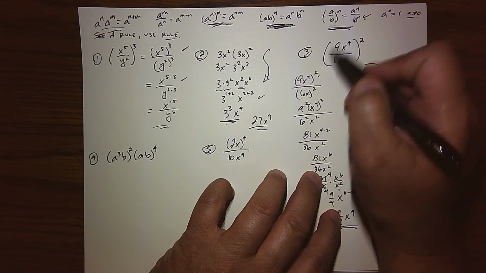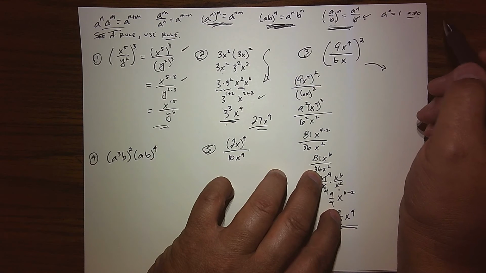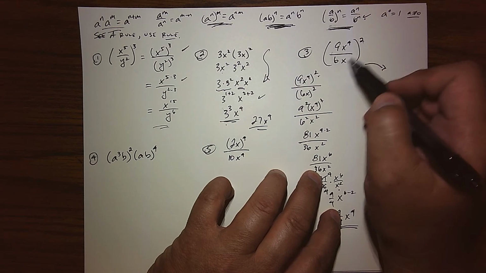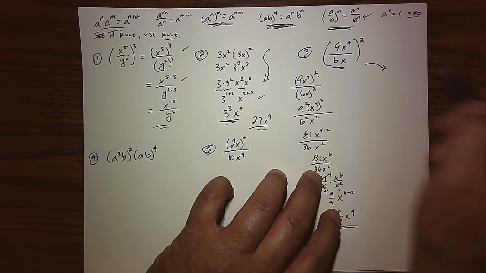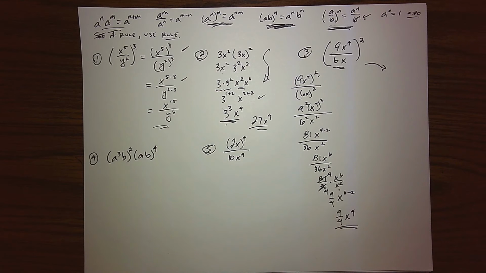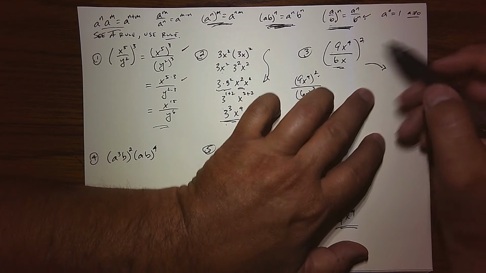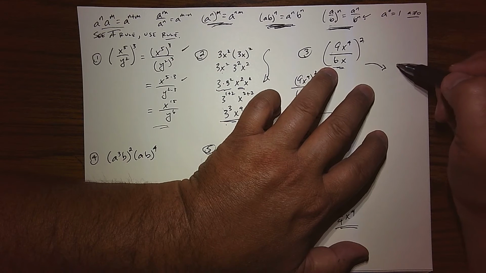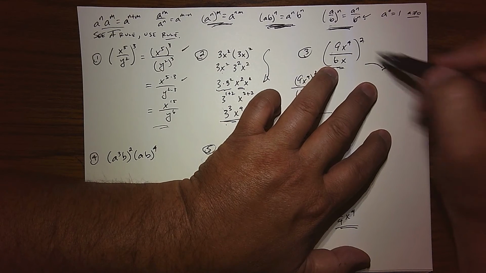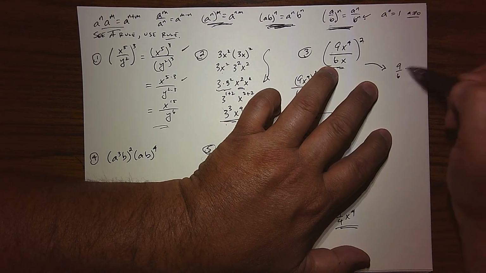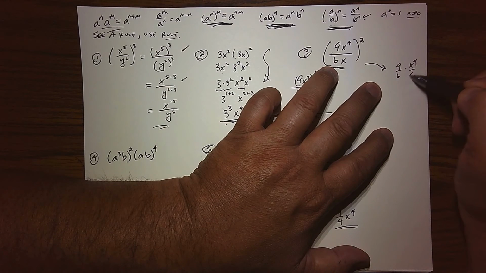I started this by seeing it as a quotient raised to a power. But what if we were to use the order of operations and think about what's happening in the parentheses first? When I do that, I have an opportunity in the parentheses. Let me write those as the two fractions that they are, and it's still squared.